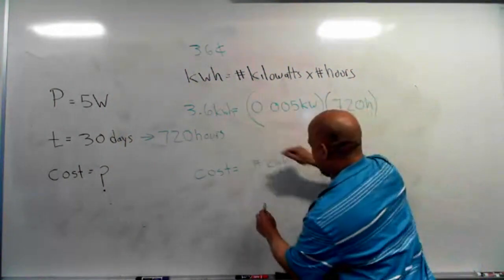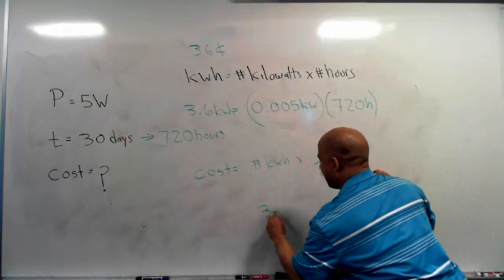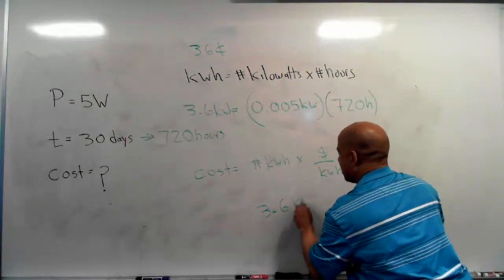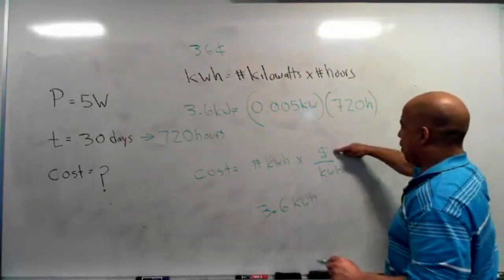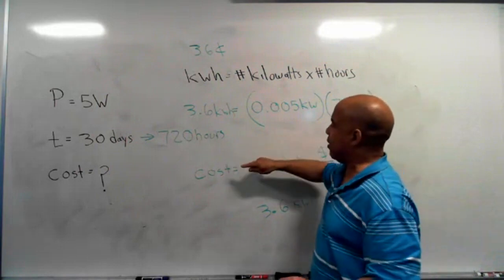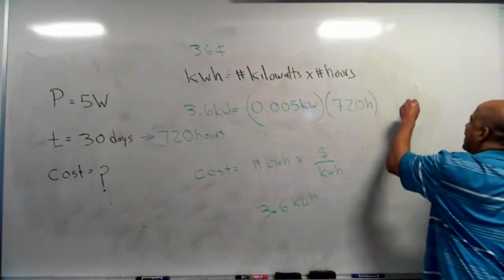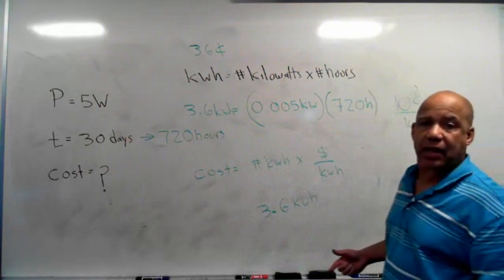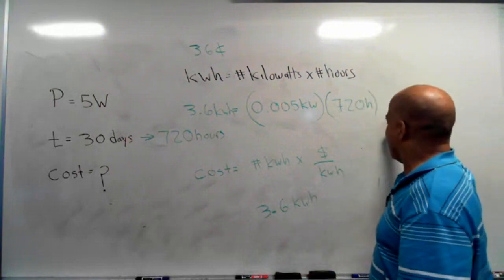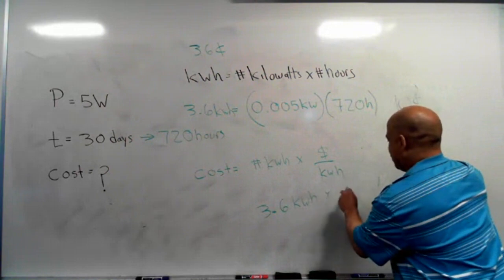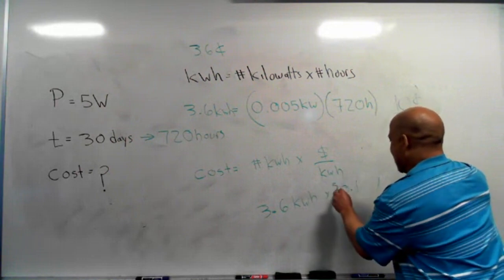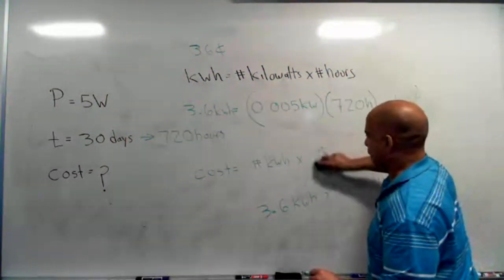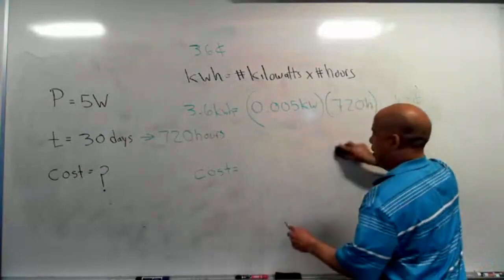Well, kilowatt hours, we got 3.6. And we don't want it in cents, even though it's 10 cents per kilowatt hour, we want that in US dollars. So 10 cents is $0.1.